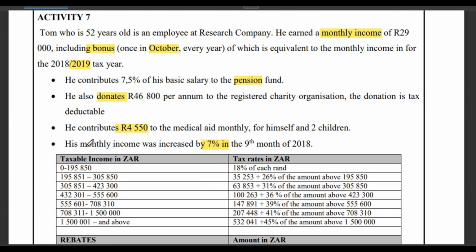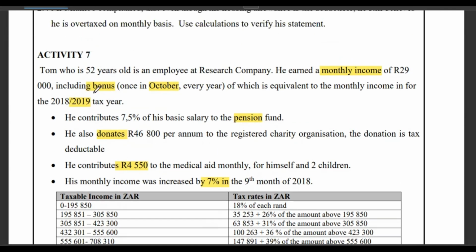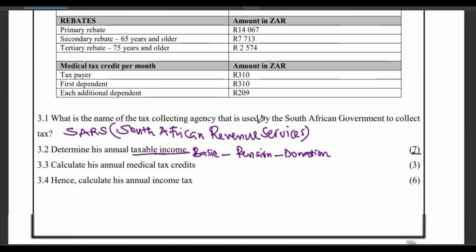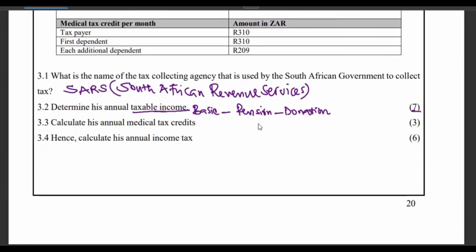Now, if it says that the monthly income was increased by 7% in the ninth month of 2018, and now we are looking at the 2018, 2019 year, that means the money is already increased. But anyway, someone can go ahead and increase it. It's fine. The main thing you have to learn is how we get taxable income: get the basic salary minus pension minus donation. Everything has to be multiplied by 12.